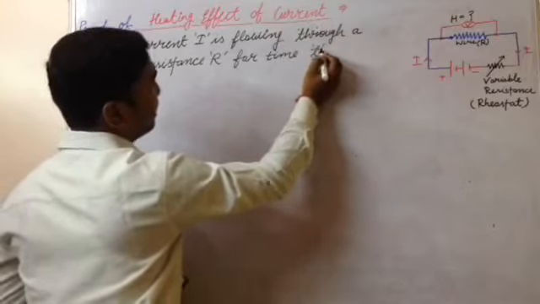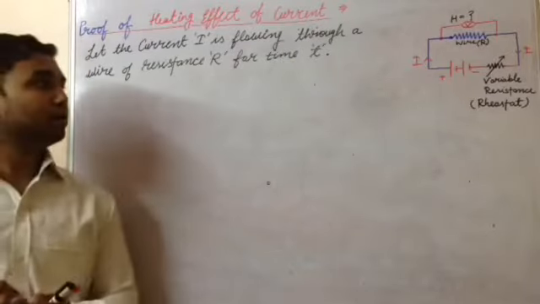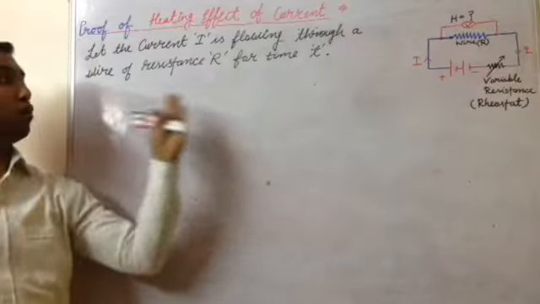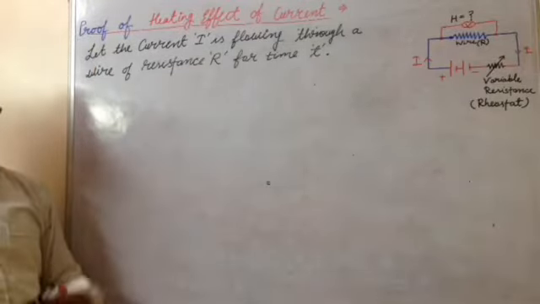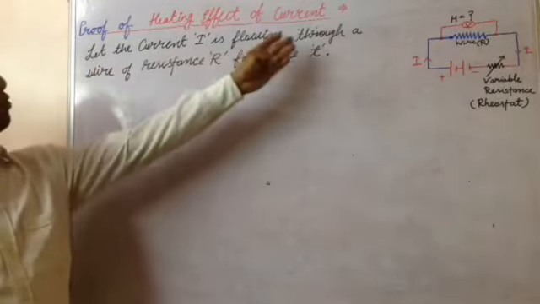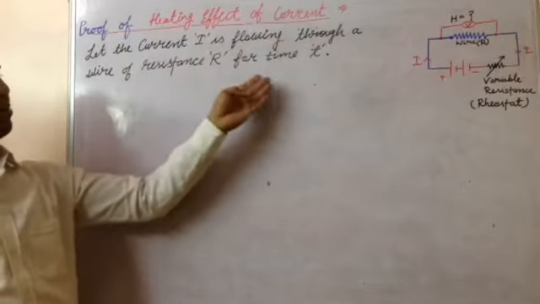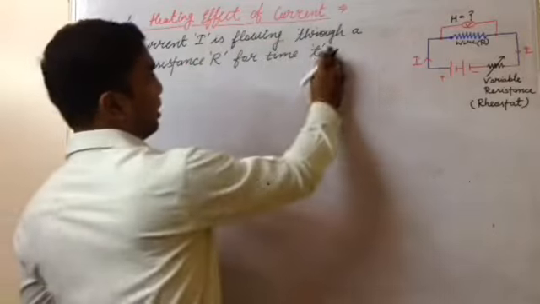This is our statement and this is enough. You have drawn the diagram, and after drawing the diagram you can give the information: let the current I is flowing through a wire of resistance R for time t in the circuit.